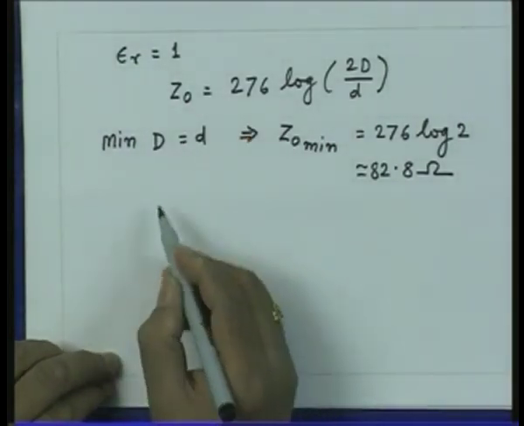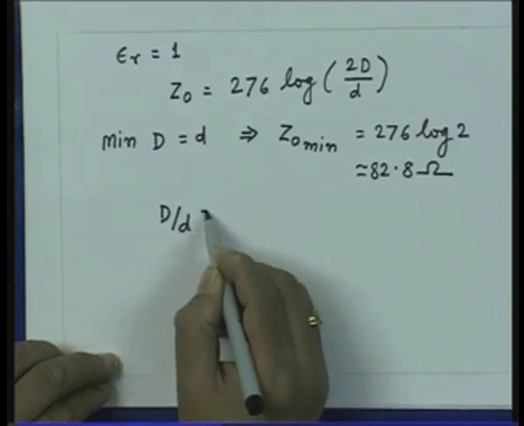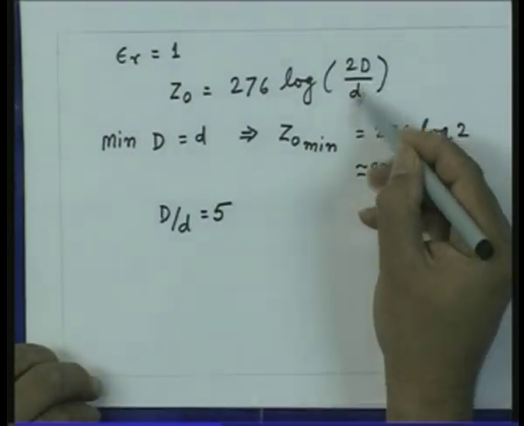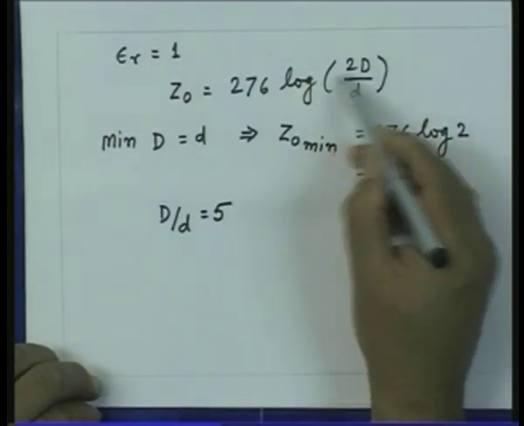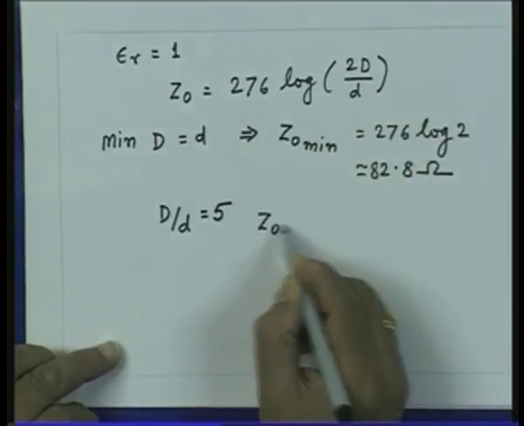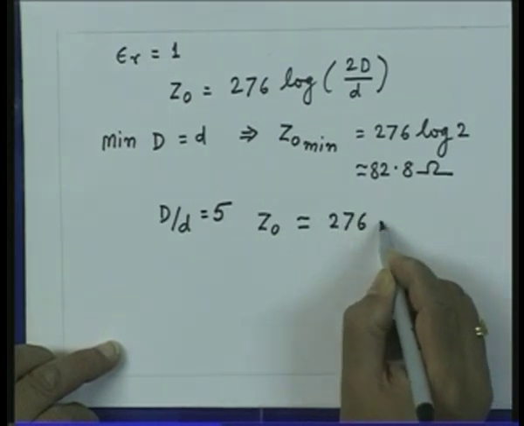Just to take another value, if I take D by d equal to 5, I can substitute here D by d equal to 5, this becomes 10. So, log of 10 is 1. So, Z0 for this will be 276.